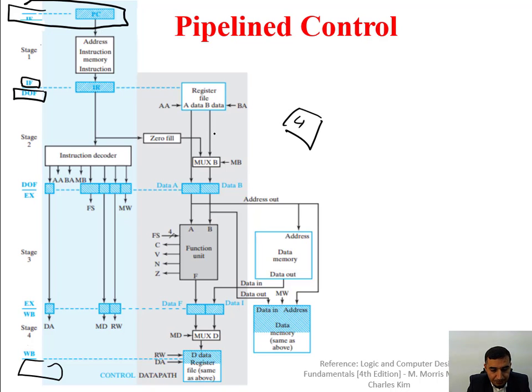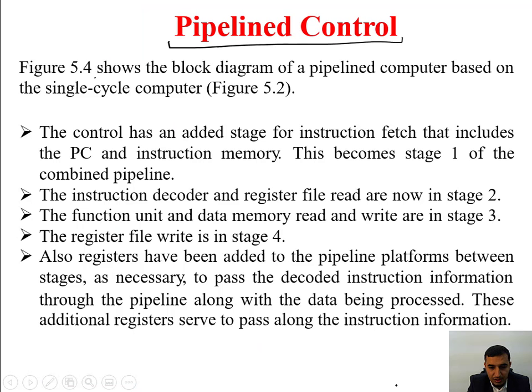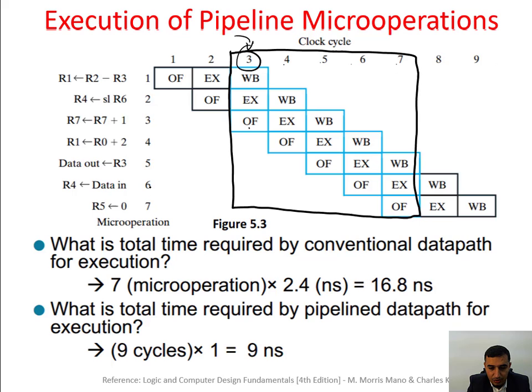Now as you can see, we have new pipeline registers which are used to hold the data between the cycles. Here all these are pipeline registers, and these pipeline registers are basically used to hold the data between intermediate stages. So this becomes one stage, which is the decode operand fetch stage. The instruction decoder and the register file are now in stage number 2.